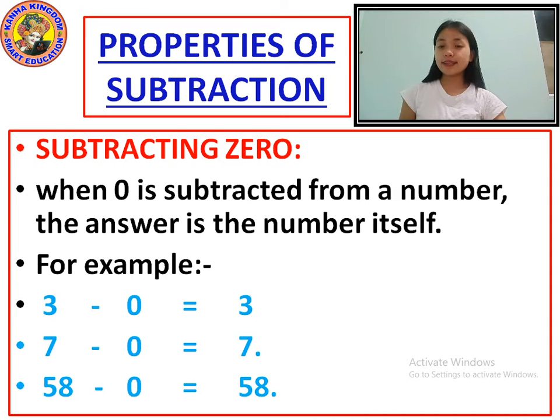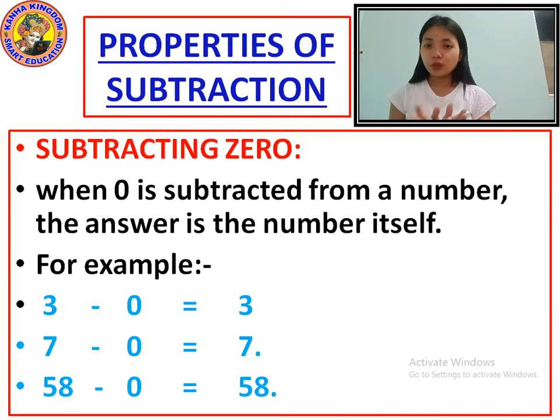So we get the number as the answer itself, right? The third example is 58 minus 0 equals 58. When you subtract 0 from a number, the answer is the number itself, right?